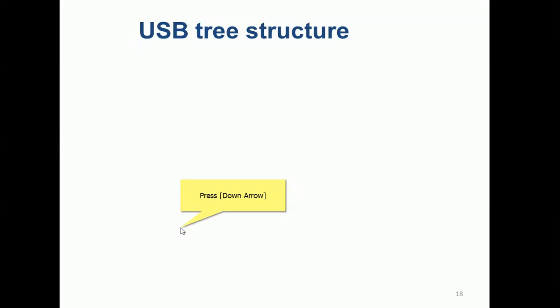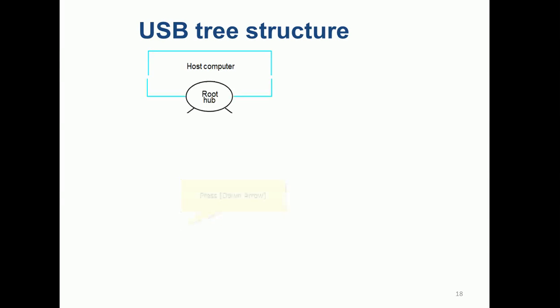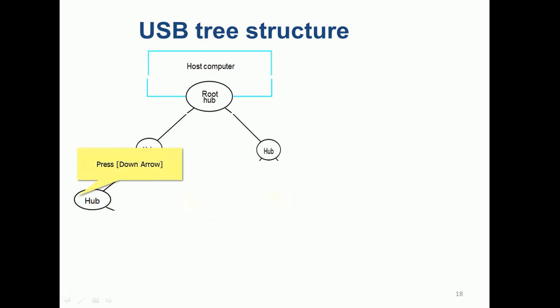The USB tree structure we can follow is this: the host computer has a root hub, which will be connected to another hub. This hub will be connected to another hub, and like this we can have several levels.